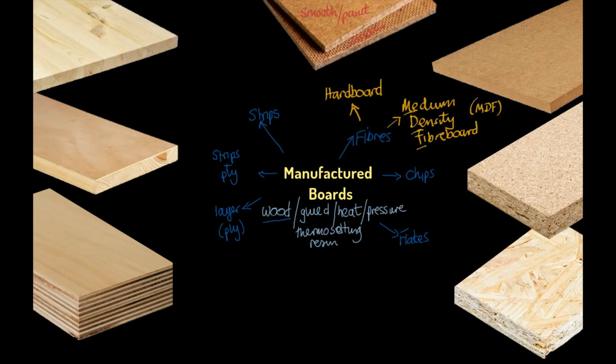Now MDF is smooth on both sides, and it comes in a range of thicknesses. Now by thickness I mean this distance here, this distance of the sheet here. And the thicknesses range from, well, a common set is 3 to 18 millimeters. In school we tend to use that.